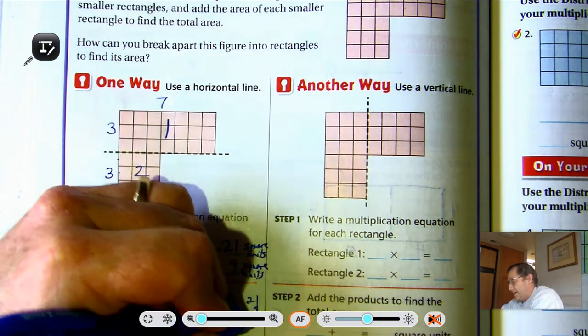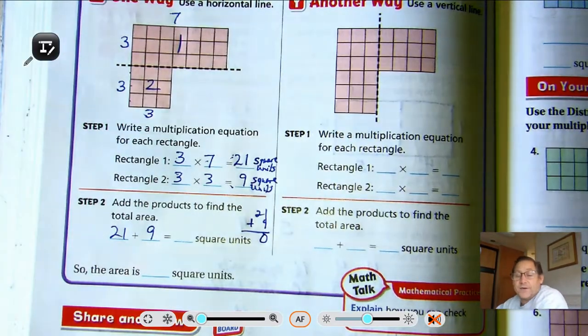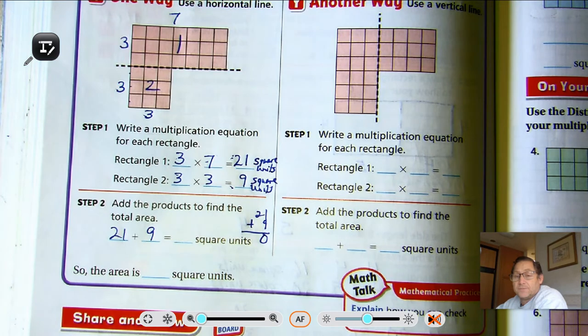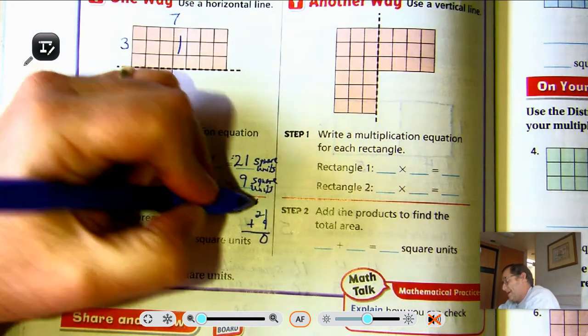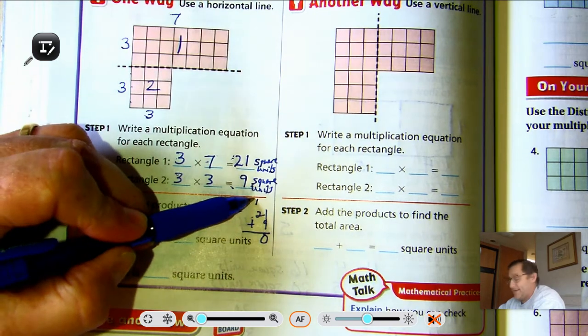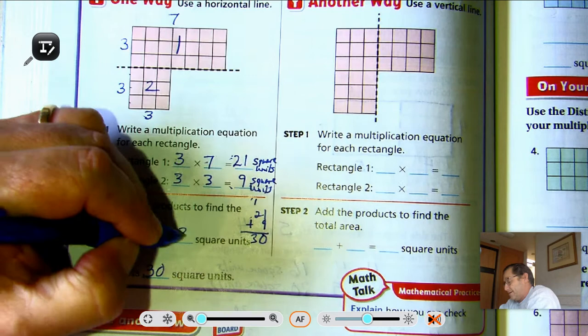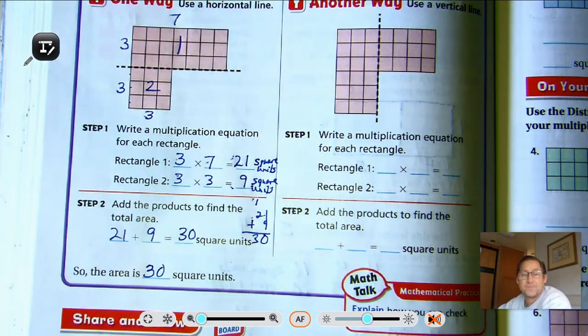What is 21 plus 9? 9 plus 1 is 10. We need to regroup as 1 ten and 0 ones. 2 tens plus the regrouped ten gives me 3 tens. So 30 square units.